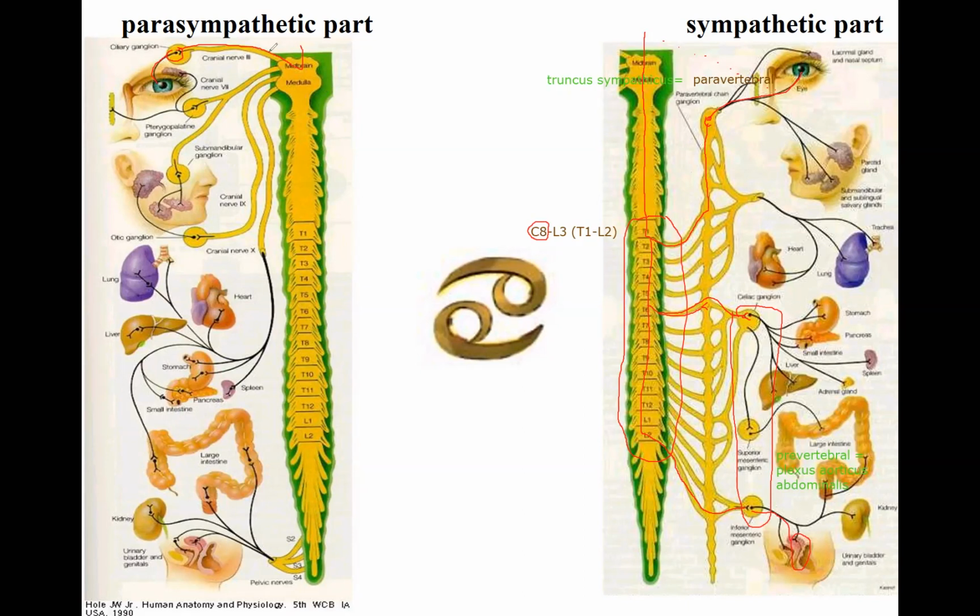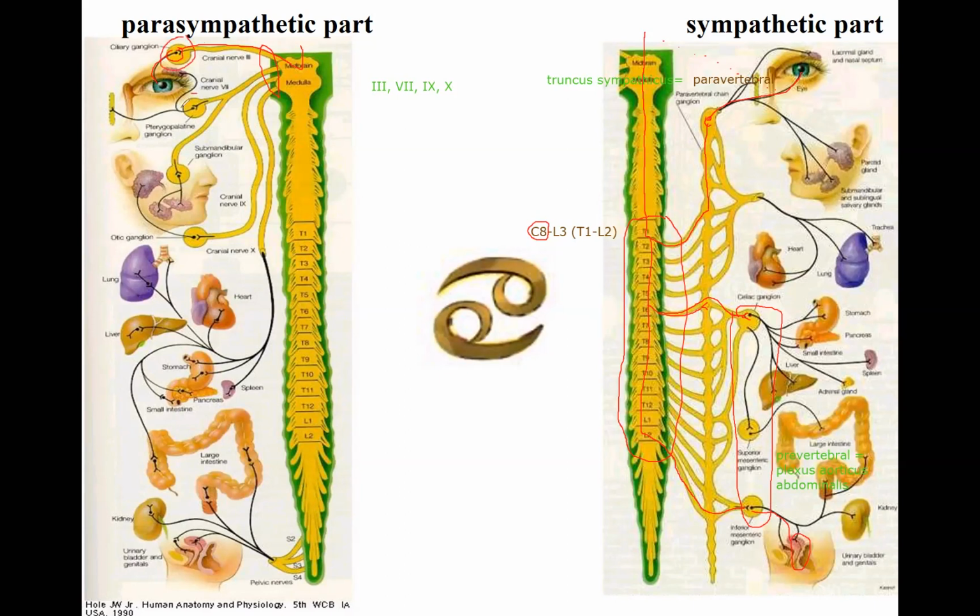It leaves the brain in 4 cranial nerves. Which cranial nerves? It's oculomotor, facial, glossopharyngeal, and vagus. The first 3 are destined for nuclei which are in the skull.